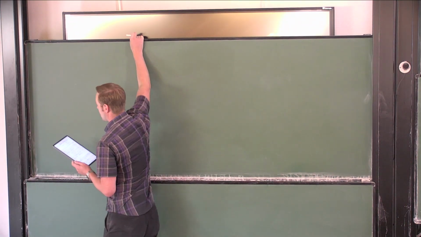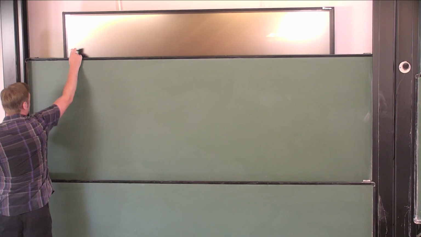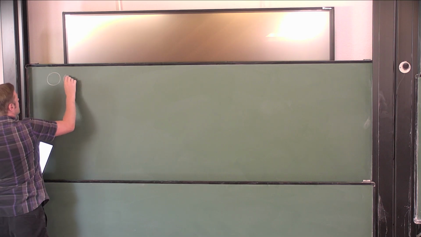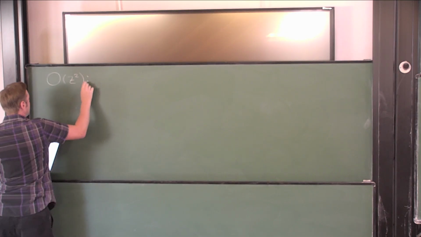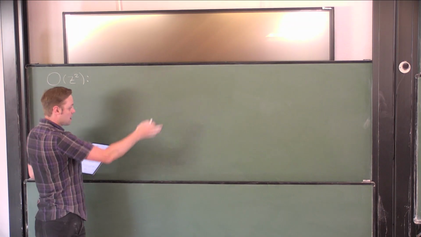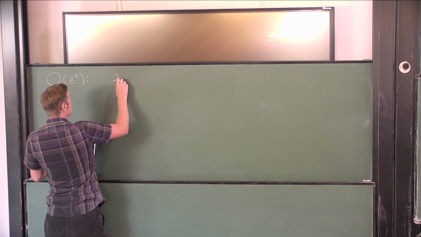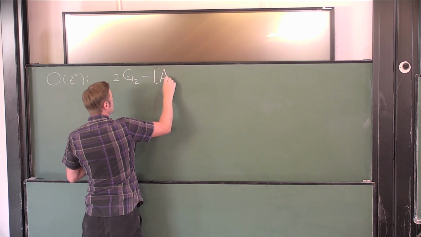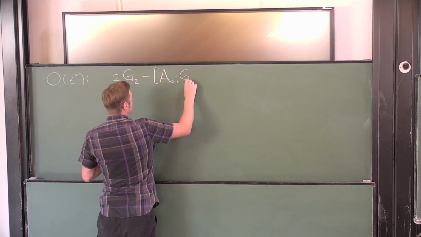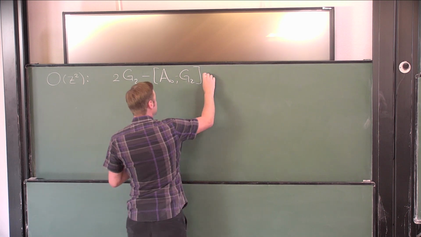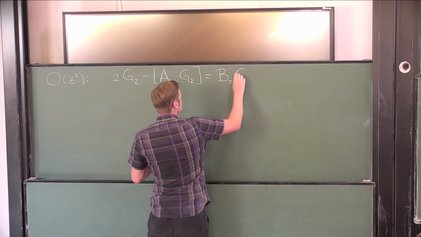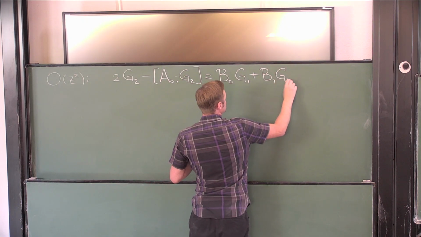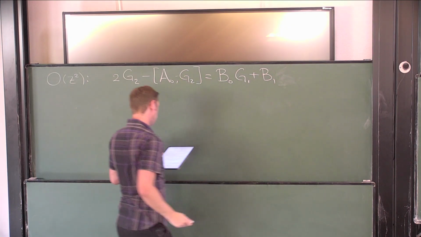I won't do it as slowly, because I think you now have a better sense of where I'm going. At order 2, if you examine the equation, you get 2 G2 minus the commutator, and the right hand side is like B G1 plus B1 G0, which is just the identity.